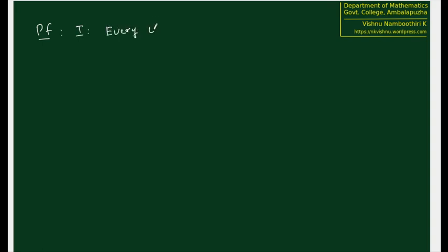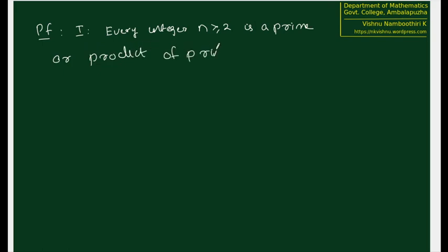Every integer n greater than or equal to 2 is a prime or product of primes. So we are going to prove this using strong mathematical induction.